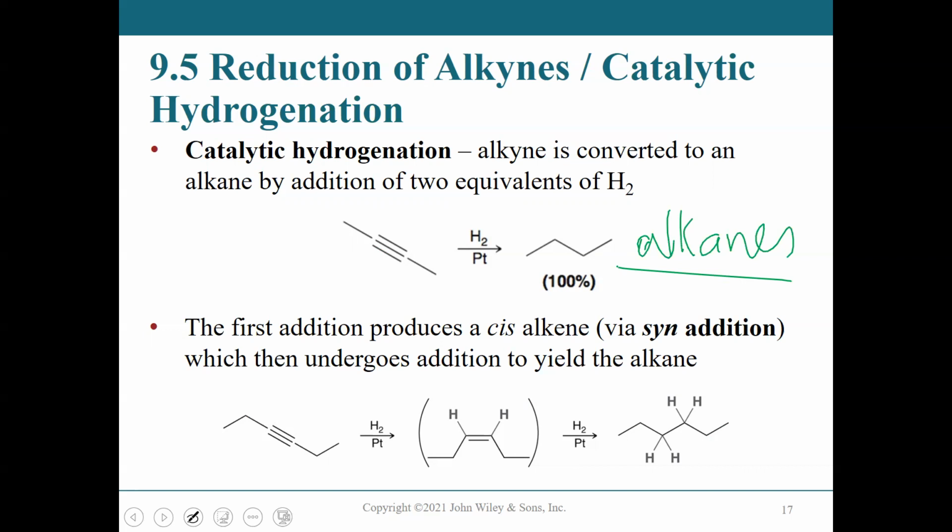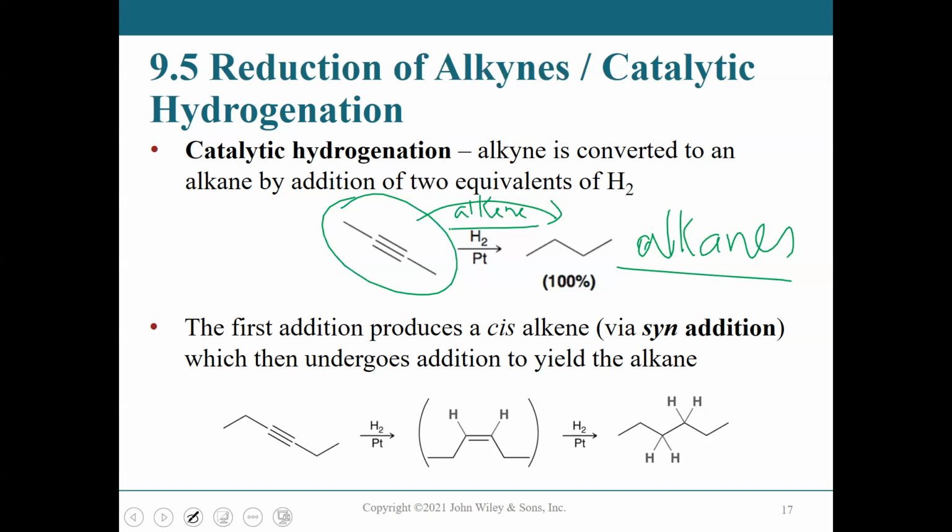Here I'm going all the way from alkyne to alkane. Is there any way I can stop at alkene? Because alkene is the intermediate, it should be somewhere in between. From triple bond to single bond, there should be one stage in which it goes to double bond before going to single bond. Yes, there is. But this reaction is so violent, so aggressive, so complete, so reactive that it goes all the way.